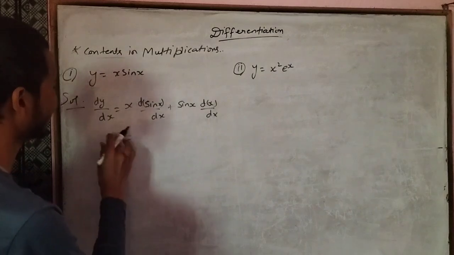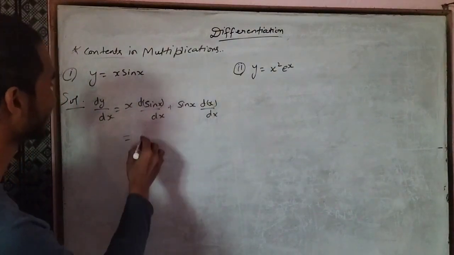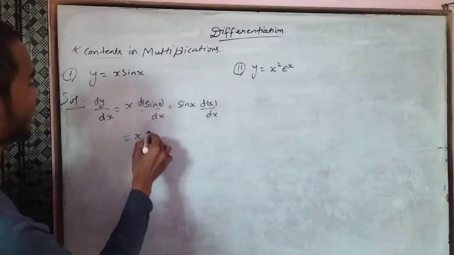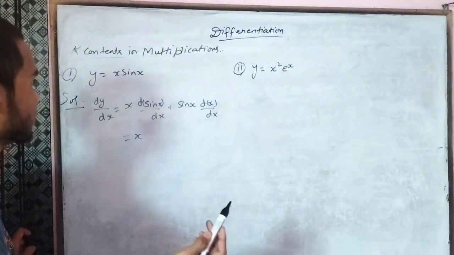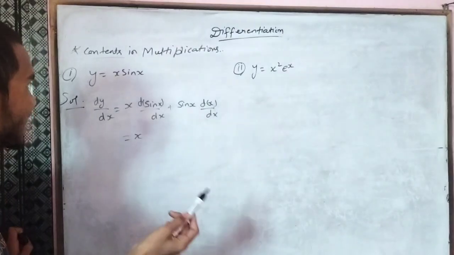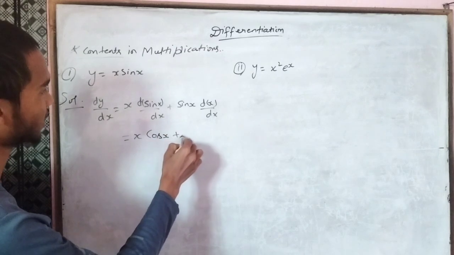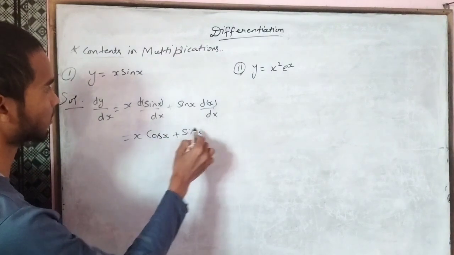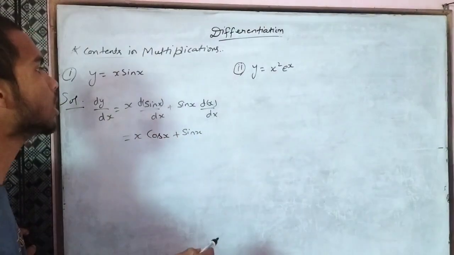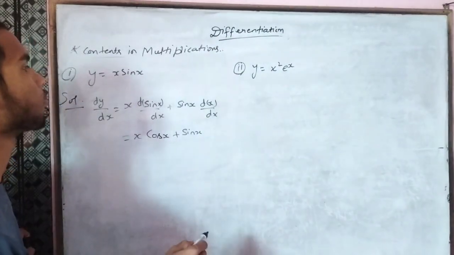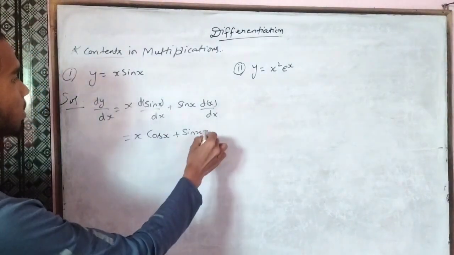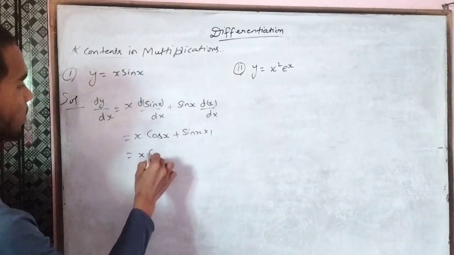Got it? The a^x is not in differentiation, that's why it will be written as it is. The differentiation of sin x is cos x. The sin x will be written as it is because it is not in differentiation. The differentiation of x would be 1. We have finally got the answer.